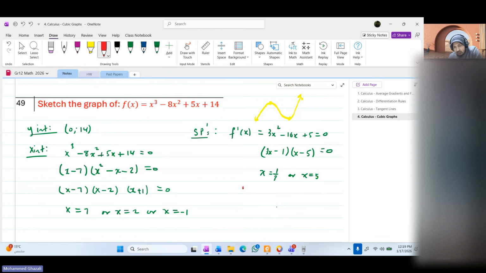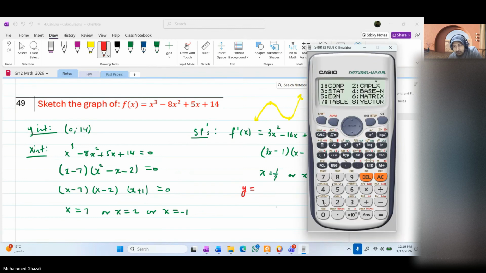So we can say y is taking 1/3 and substituting into the original equation: (1/3) cubed minus 8 times (1/3) squared plus 5 times 1/3 plus 14.